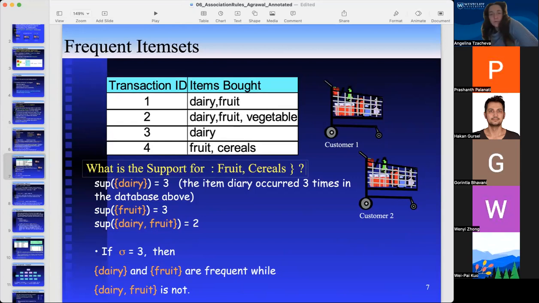What is the support for fruits and cereals? This means how many times in our database do we have these two items occur together, the fruits and the cereals?